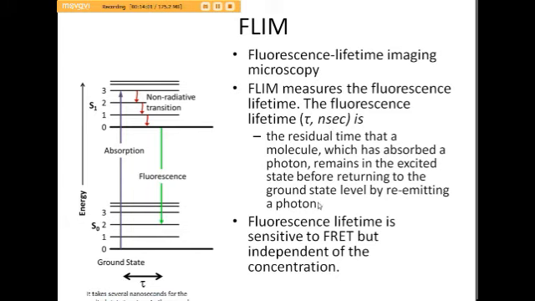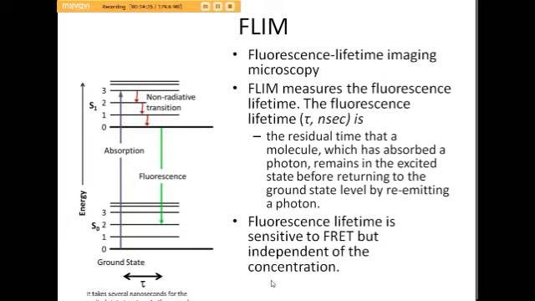The fluorescence lifetime is sensitive to FRET. That's why we can use fluorescence lifetime to measure FRET quantitatively. But fluorescence lifetime is independent of concentration. That means whether the concentration is high or low, a particular fluorophore has the same fluorescence lifetime.